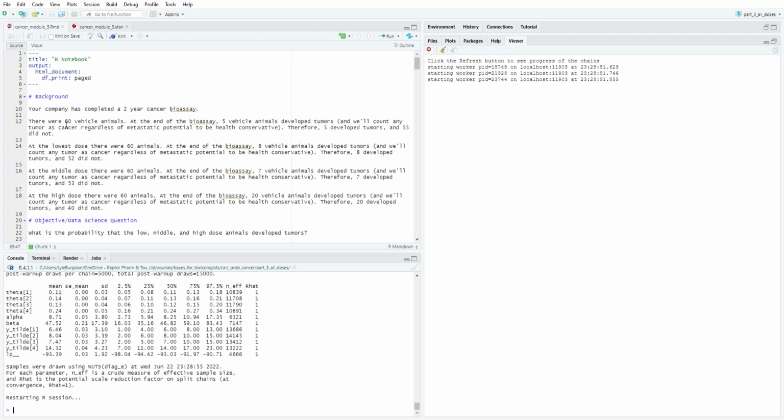So we've looked at the vehicle before, we've looked at the high dose before, and now we've got this lowest and this middle. Because we're in a situation where we could have multiple testing, we need to make sure we correct for that somehow. Well, in the literature, there's a pretty good theoretical basis that we could actually just use a hierarchical Bayes model, and that will take care of the multiple testing issue.